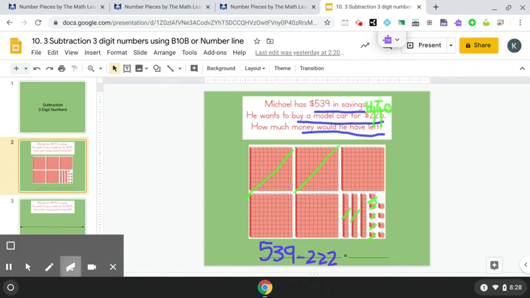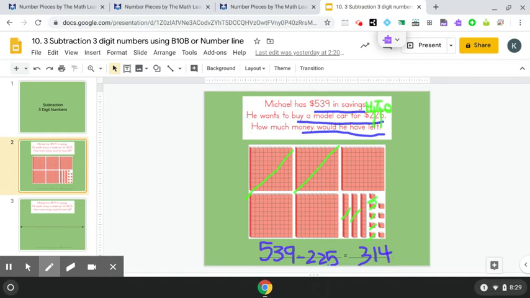And how much did we have left over? We could see that we had 314 left over.